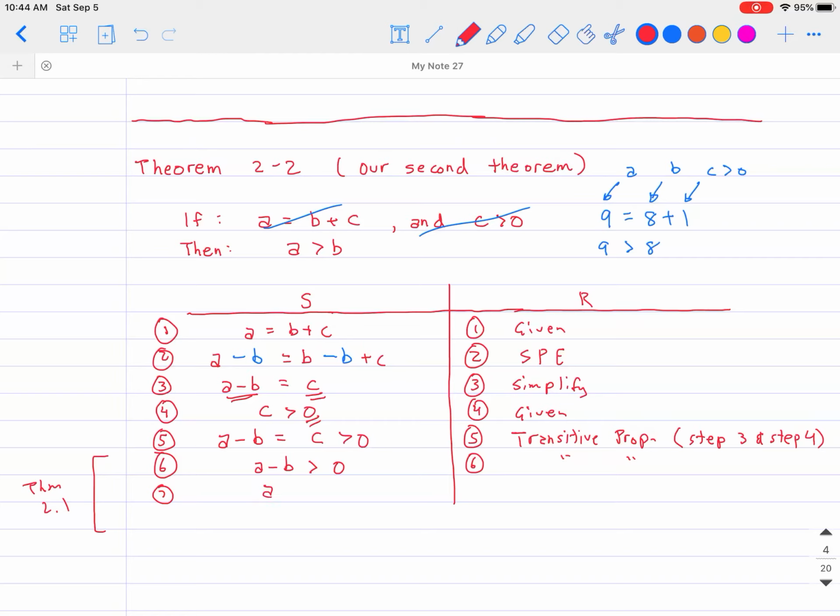Step 7, we can now say that A is just greater than B, and the reason for that is Theorem 2.1, our first theorem. Okay, so you can see how this is actually nice because, like we said, we're not going to reinvent the wheel, but instead use what we have built already to reduce the number of steps, so that way it'll be a lot shorter in terms of the proof.